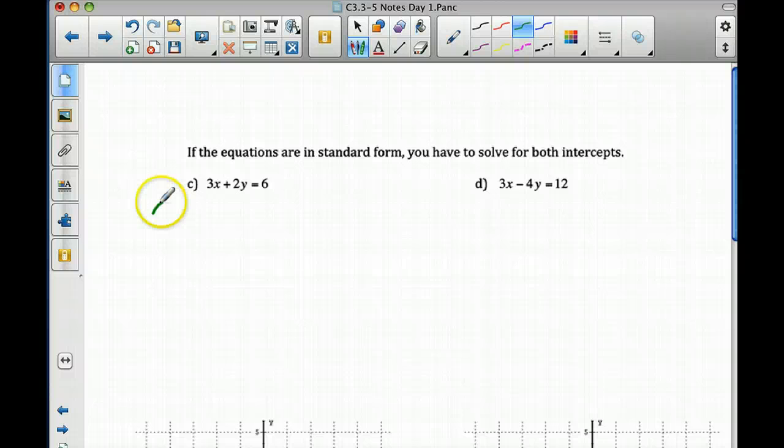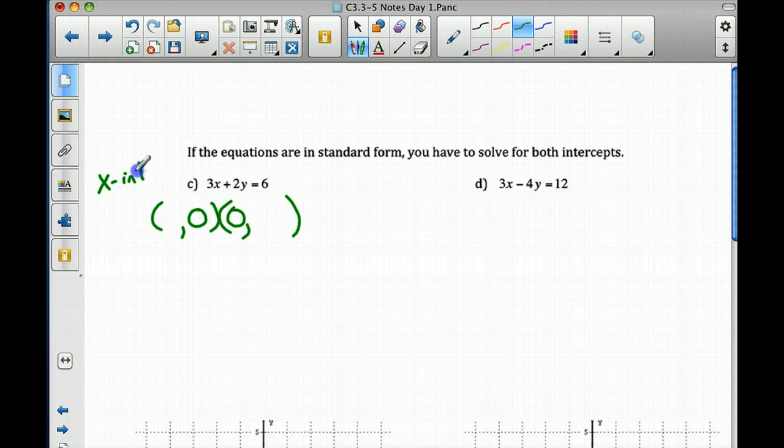So when we have to find the x and y intercepts, guys, everybody put 2 blank points right below the equations. Throw zeros right in the middle with commas, one in front, one behind. There's the x-intercept.